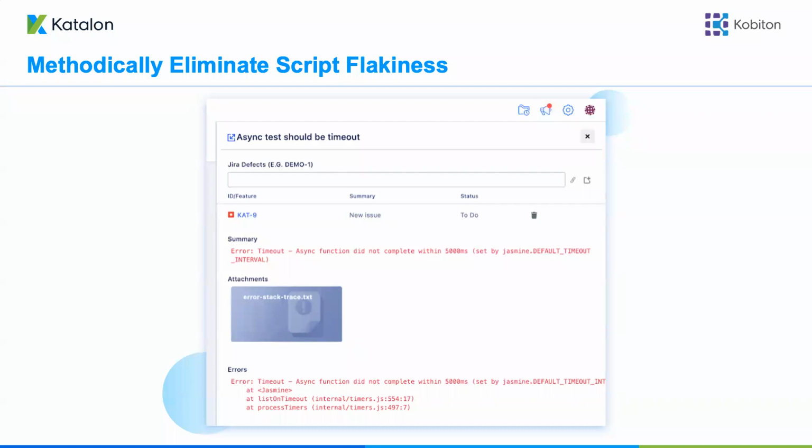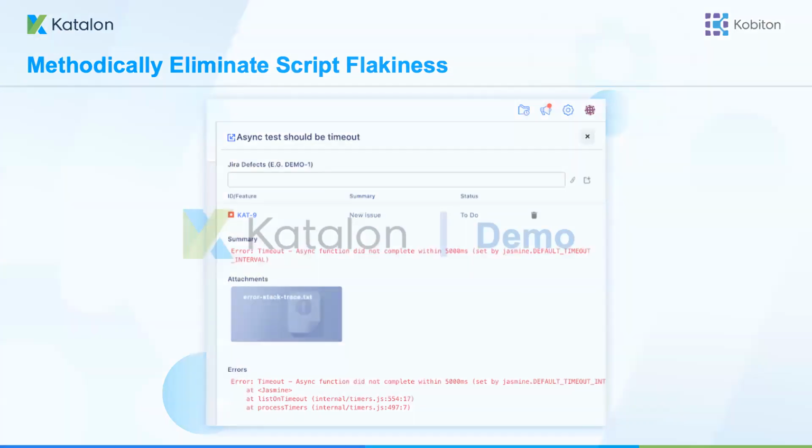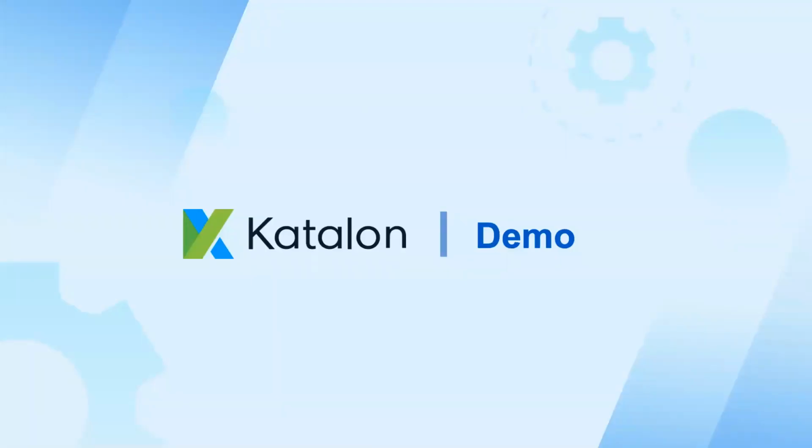And even as it's updated, you don't have to go into a different tool. You could easily come back here and see that information as well. So it's just another example of how you're minimizing having to jump through different tools, and having Katalon seamlessly integrate with all of the tools that are available.